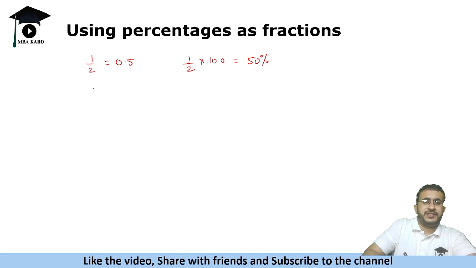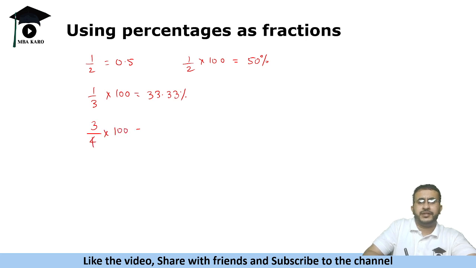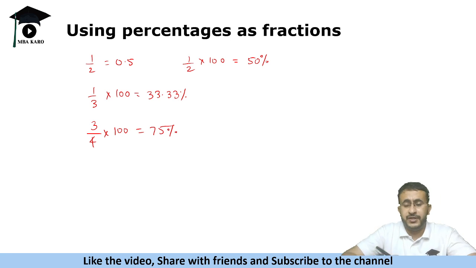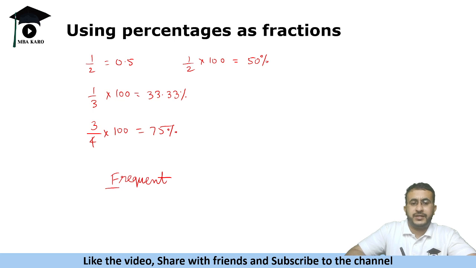If I say 1 by 3 into 100, it is 33.33%. If I say 3 by 4 into 100, that is 75%. So there are a lot of such values which are very frequent, and if you know these frequent values, you can use them for fast calculations.